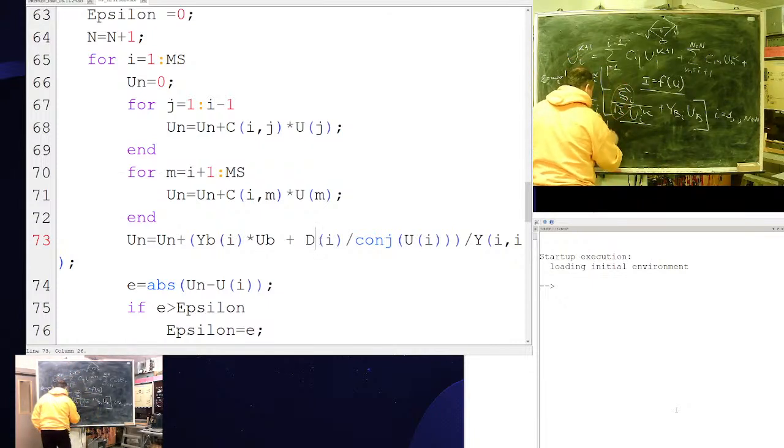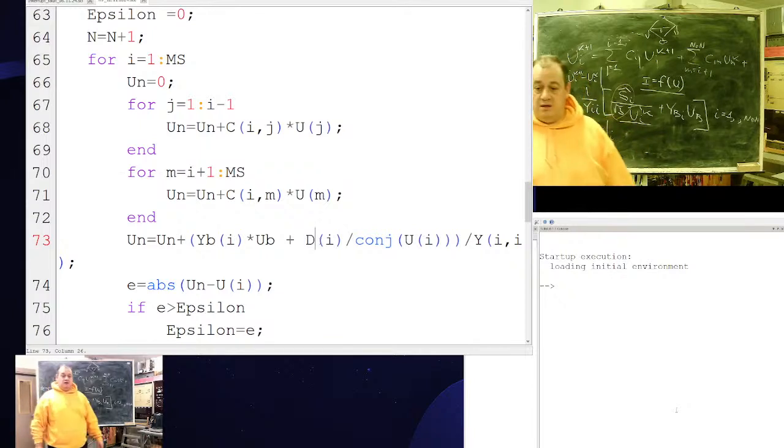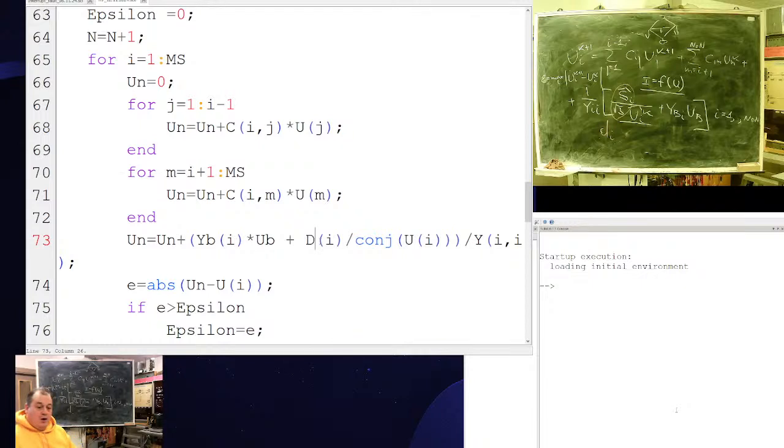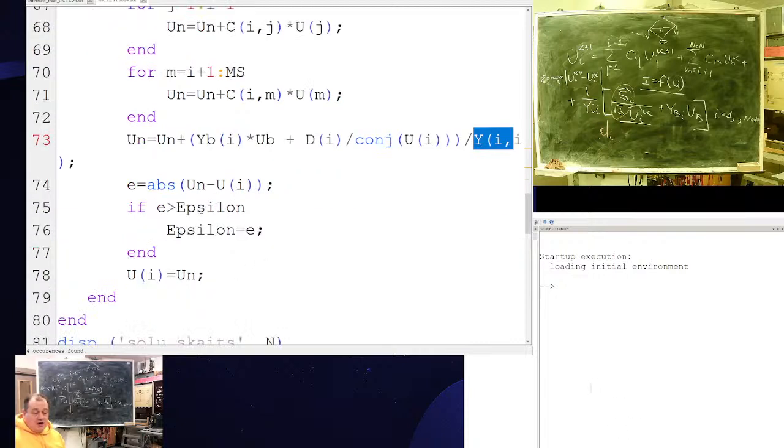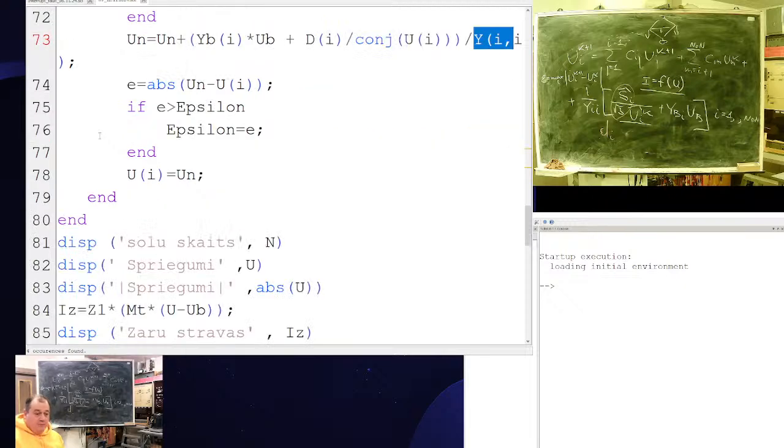This is I divided by conjugated voltage, and divided by diagonal element of nodal admittance matrix. Don't forget to calculate precision as a maximum absolute difference between voltages, and go back, repeat until.